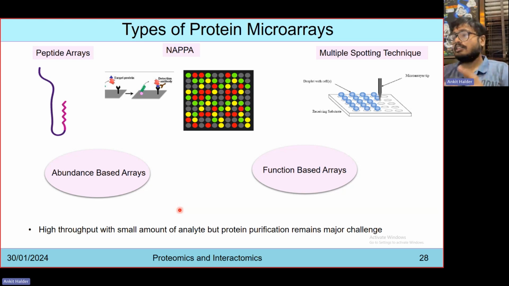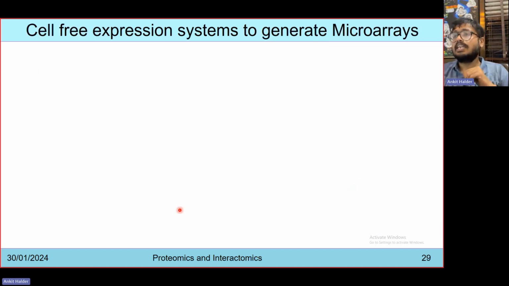So the major advantage of protein microarrays is that they are very high throughput, with a small amount of analyte or biological specimen that can be used and analyzed in your particular setup. But the major challenge is that protein purification remains the major challenge.